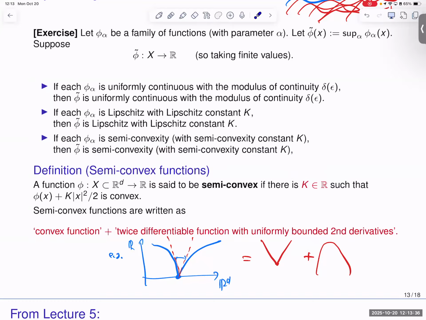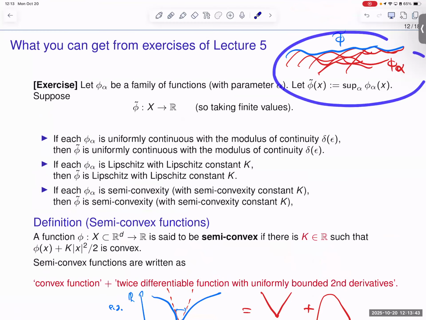If the family has nice properties, then the supremum of the family, given in this way, also enjoys the same nice property.